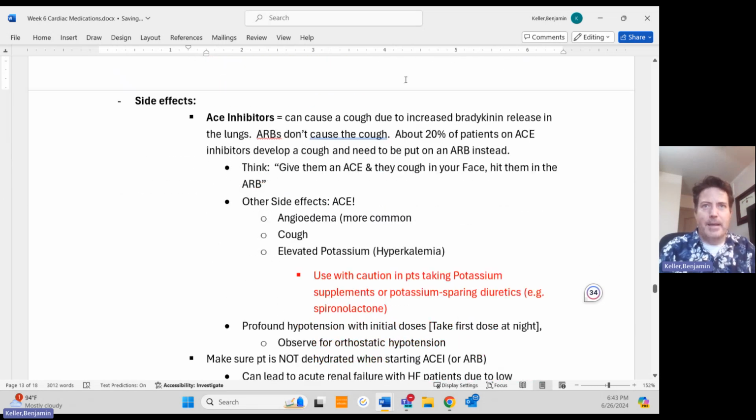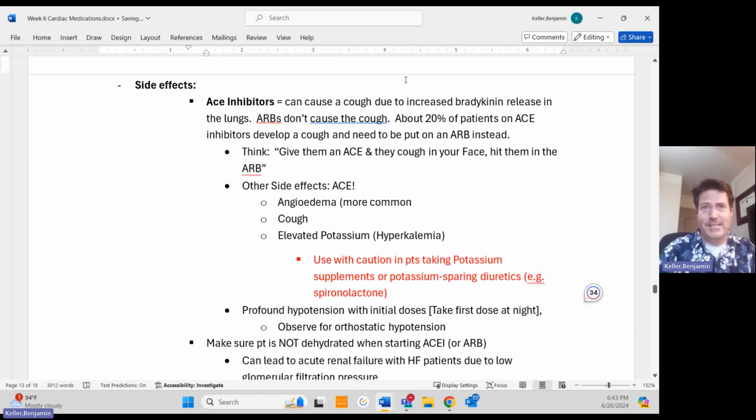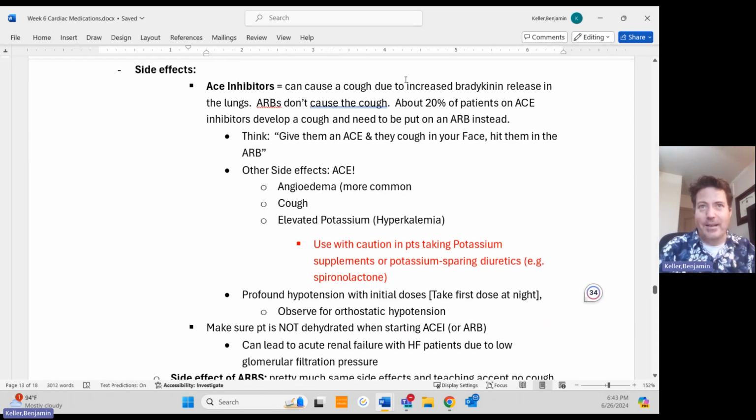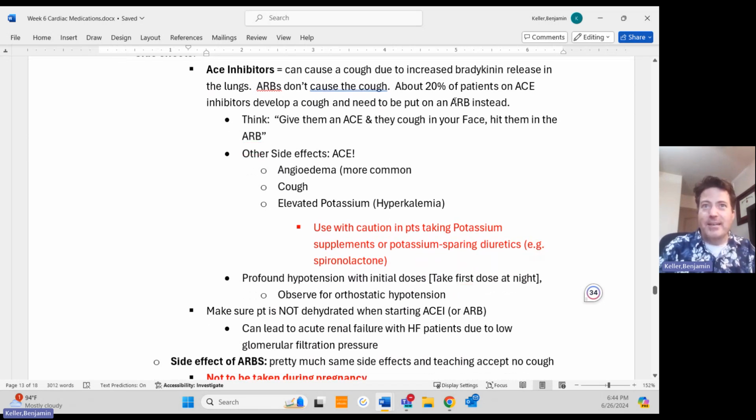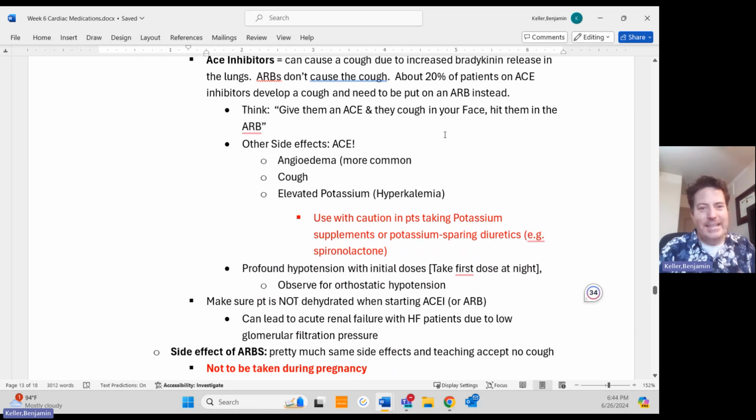Side effects. ACE inhibitors can cause a cough, and that's due to the extra release of bradykinin in the lungs. ARBs don't cause a cough because they don't work in the lungs. They work elsewhere. About 20% of patients on ACE inhibitors develop a cough and need to be put on an ARB. There's a little saying here: if you give them an ACE and they cough in your face, then you hit them in the ARB.